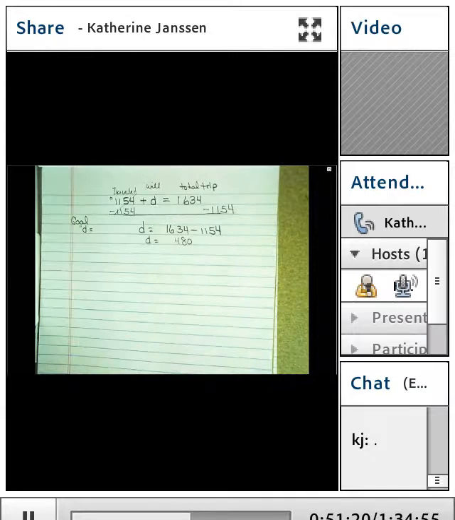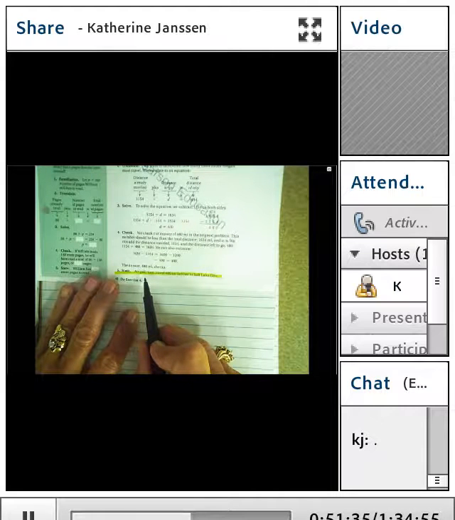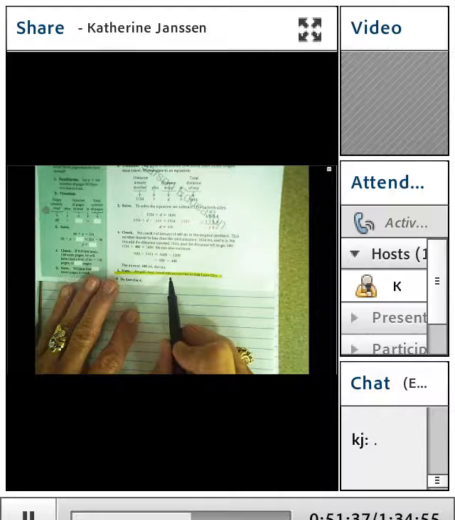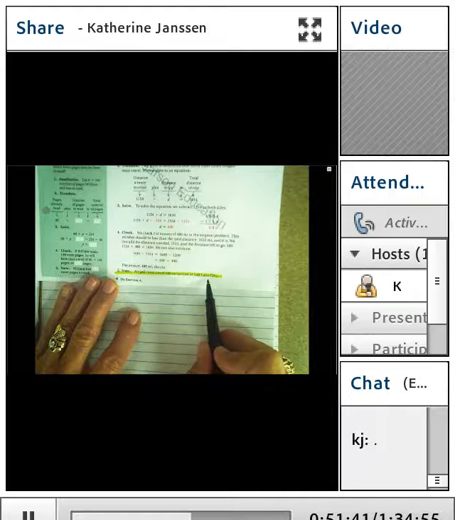And D stands for distance in this case. So the distance remaining is 480 miles. And now we're going to state our final answer. Abigail must travel 480 miles farther to continue her trip to Salt Lake City.